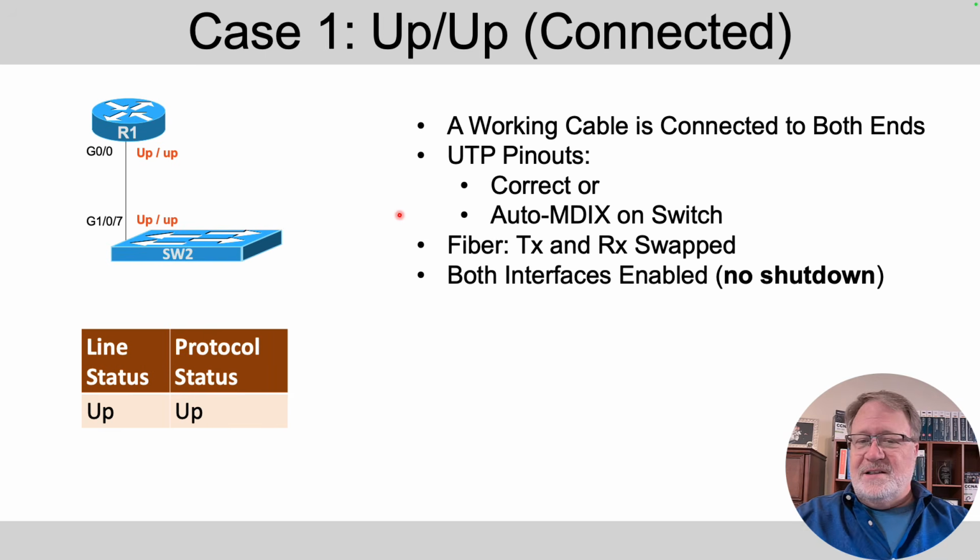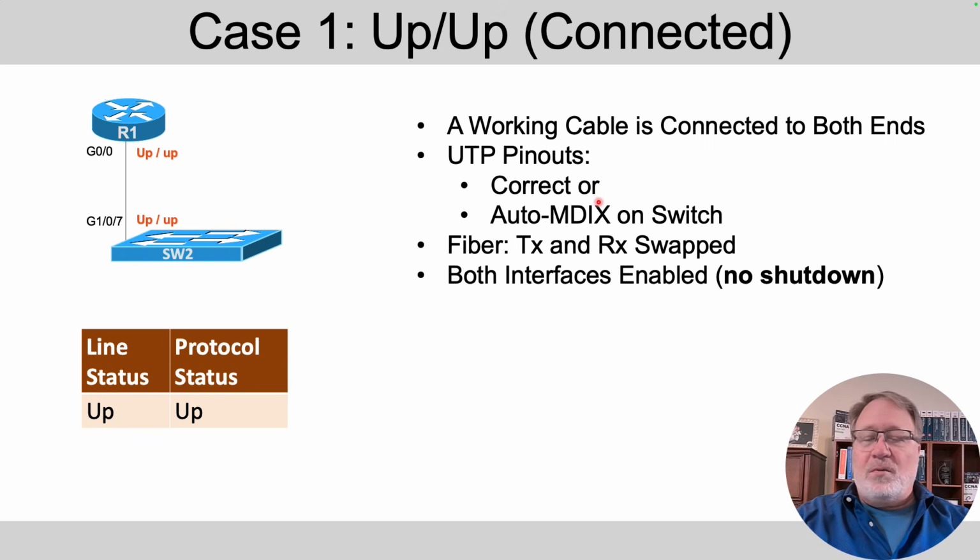So the first case is when you see an up, that is line status up, line protocol status is up. And here I've got a router with a short cable over to a LAN switch in the same rack, so it's the router's LAN Ethernet interface. And whenever you see up, it tells you things like this. There's a working cable connected at both ends. If it's copper cable, a UTP pinout, it means we're getting electricity over the wires.